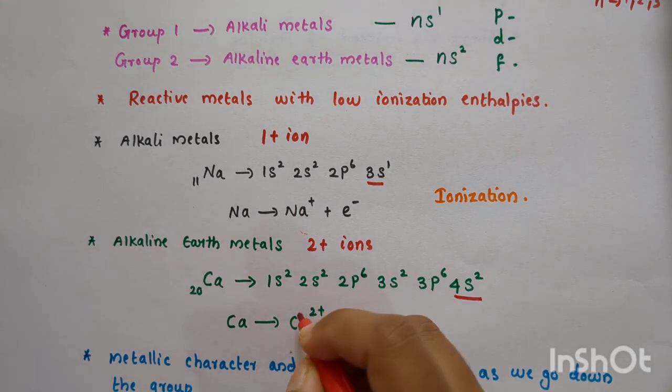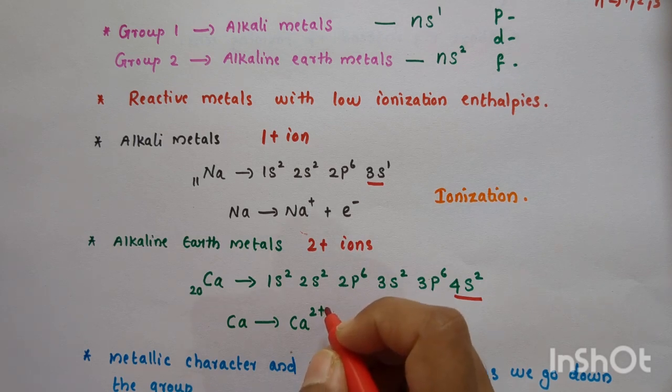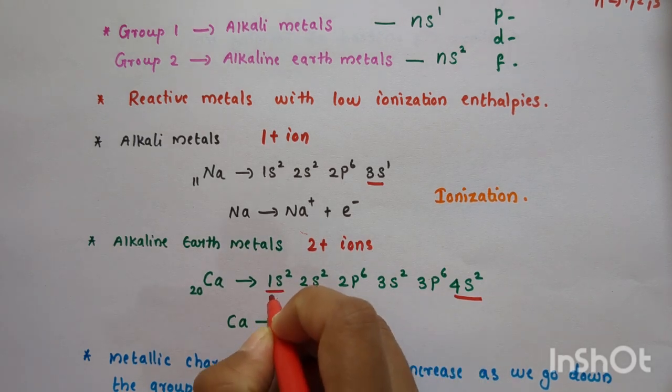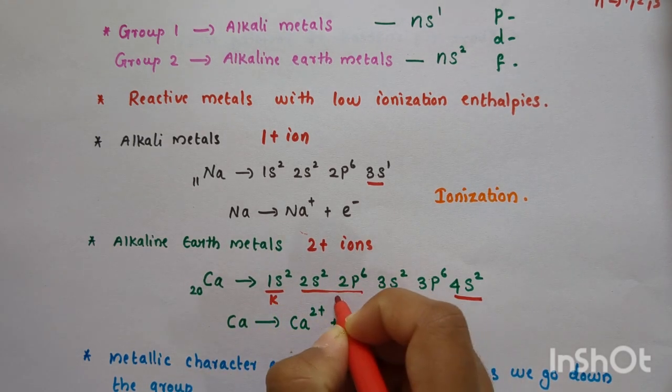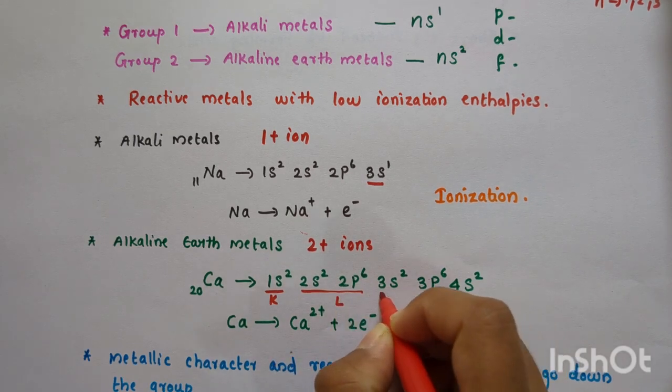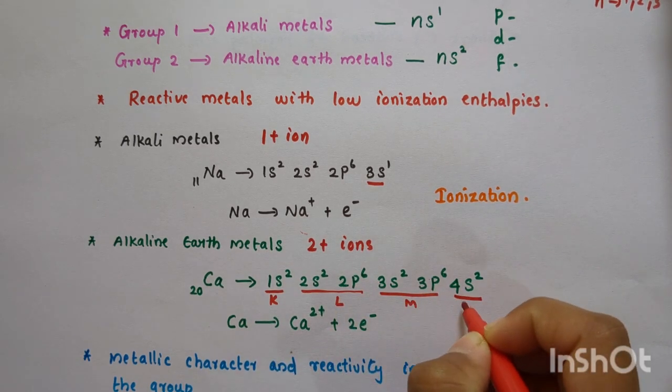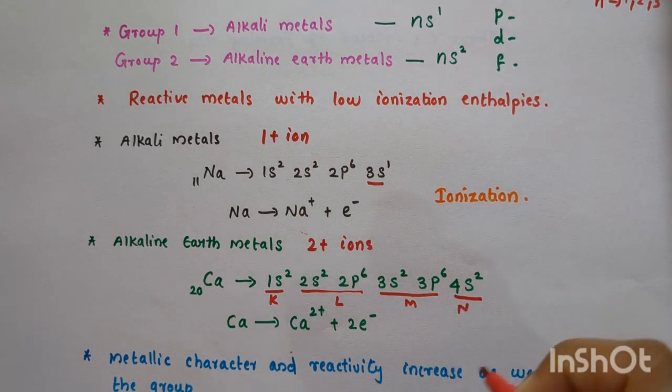Stable noble gas configuration means the outermost energy level will be fully occupied by electrons. Here 1s means the K shell, 2s and 2p the L shell, 3s and 3p the M shell, and when it comes to 4, it is the N shell.